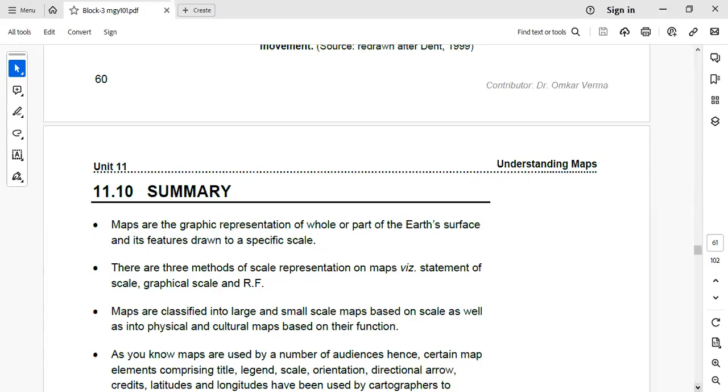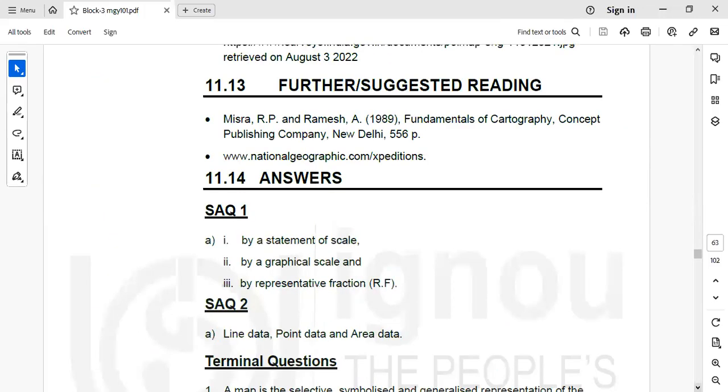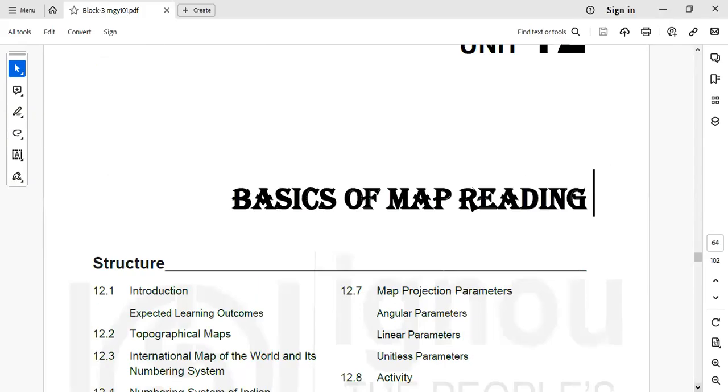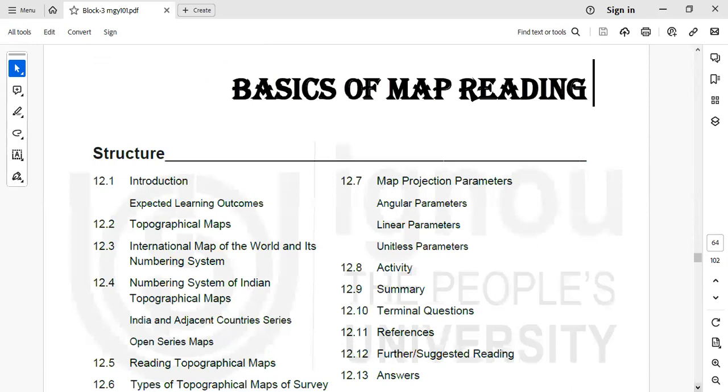So in this unit, I have discussed their types, scales, point, line, and area features, which are usually shown in the map, and how we can design or make a balanced layout for representing the thematic information which we want to display in a particular map.